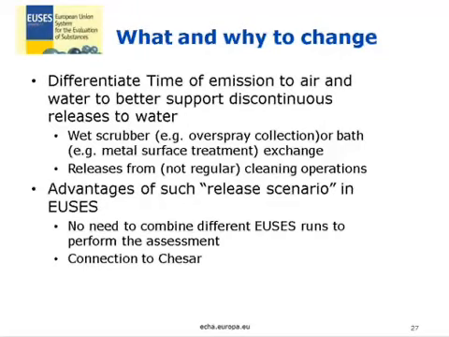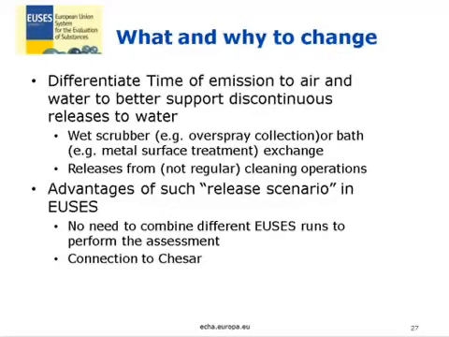What are the sources of this continuous release to waters? For example, waste scrubber exchange, which comes from overspray collection of coatings and so on, or bath exchange of baths for metal surface treatment. These are only a few cases that can be mentioned. Or, for example, release coming from non-regular cleaning operations.